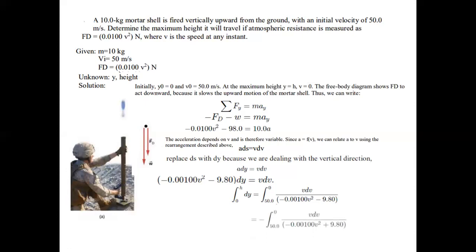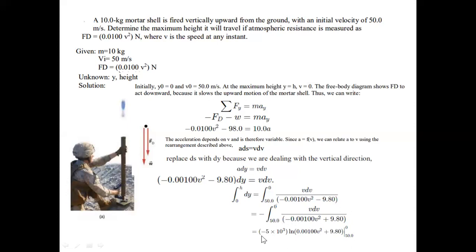All right. Now, this gives us h equal to the integral from the lower limit of 50 to the upper limit of 0 of v dv, velocity times derivative of velocity, all over negative 0.001 velocity squared minus 9.8. Now, if we simplify this, we apply the natural logarithm law.